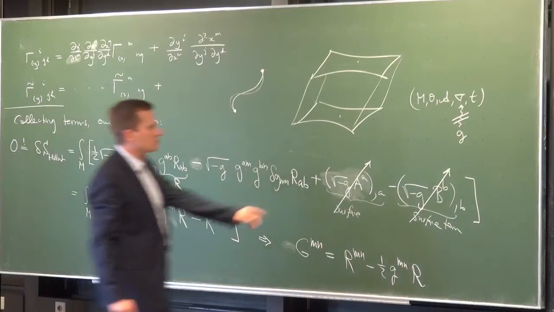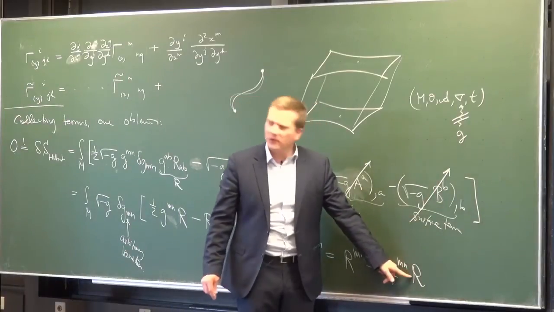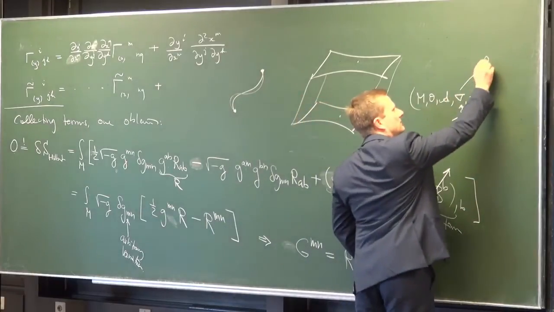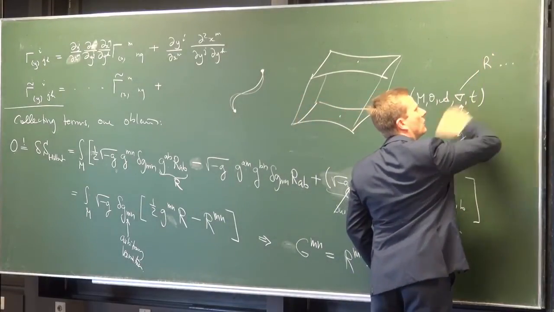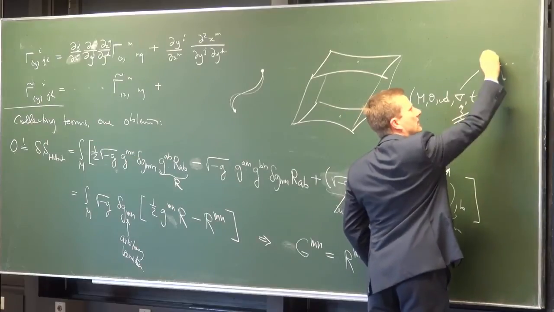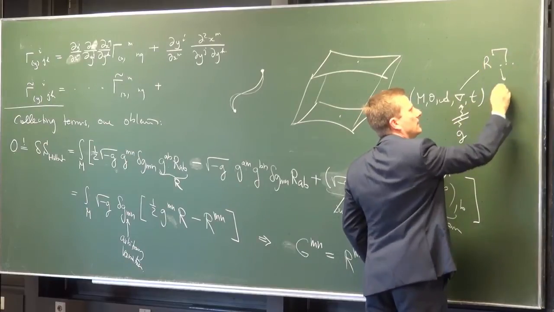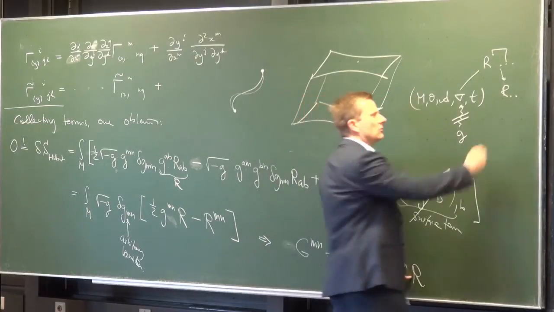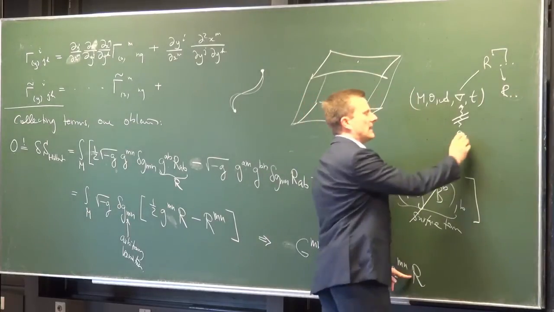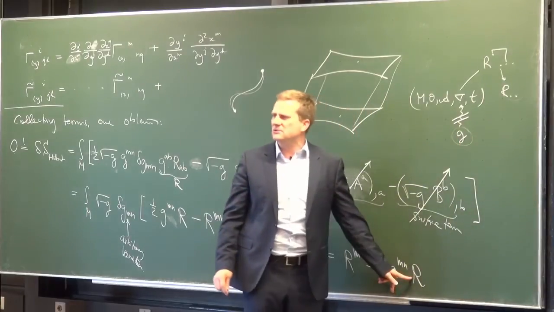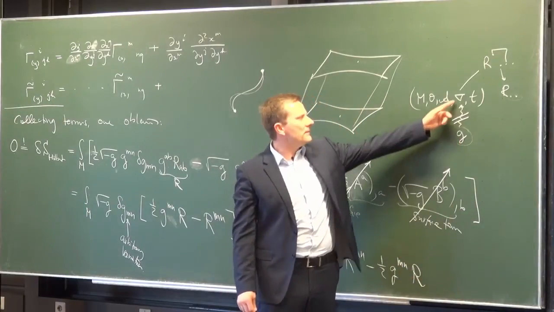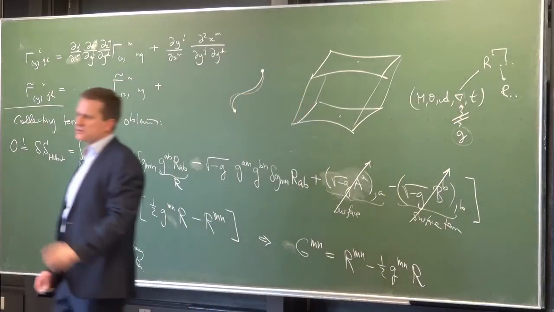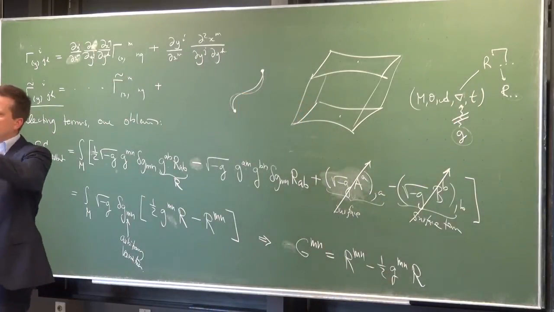And if you don't have a metric, you cannot construct the curvature scalar. Because from a connection, you get the Riemann tensor, 1, 3, and by contraction of 1 and 3 you get the Ricci tensor. But you don't get these two indices away unless you have a metric in the game as well.